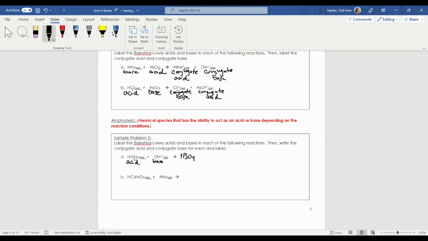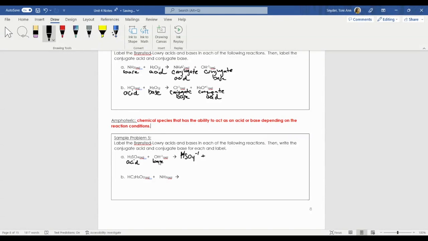So I'm going to draw just HSO4, just getting rid of one of those. And if I get rid of one positively charged proton, this leftover group would have a -1 charge because here it's neutral. If I get rid of a positive thing, it becomes a little bit negative. And that positively charged proton is going to get transferred to this hydroxide ion.